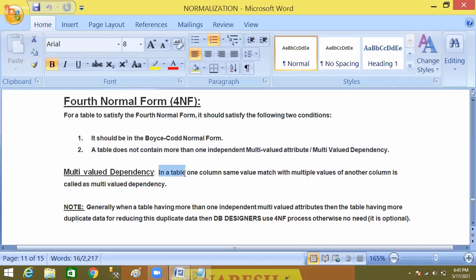In a table, one column's same value, one specific column's same value, matching with multiple values of another column is called multi-value dependency.